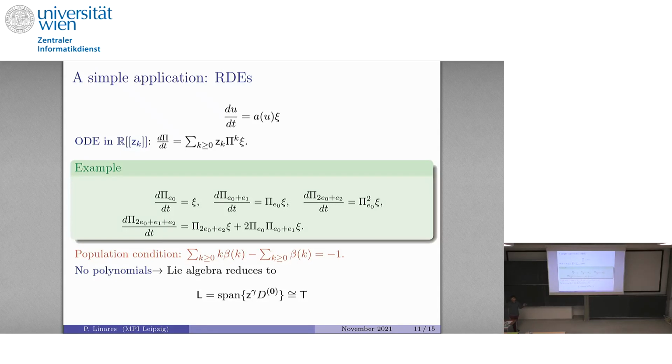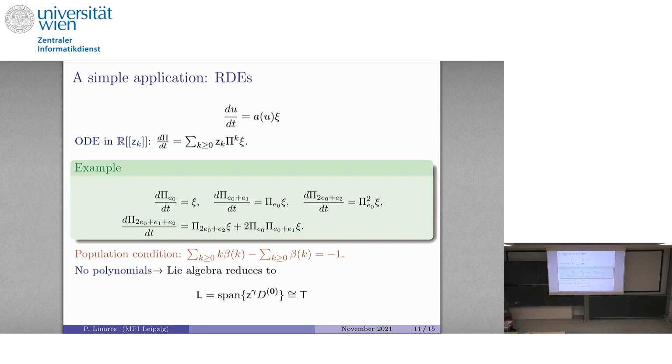So we can actually forget about the polynomials. We turned this nonlinear ODE into a family of linear ODEs, which is just given by that expression here. You would have to look at each of the beta components of this equation.